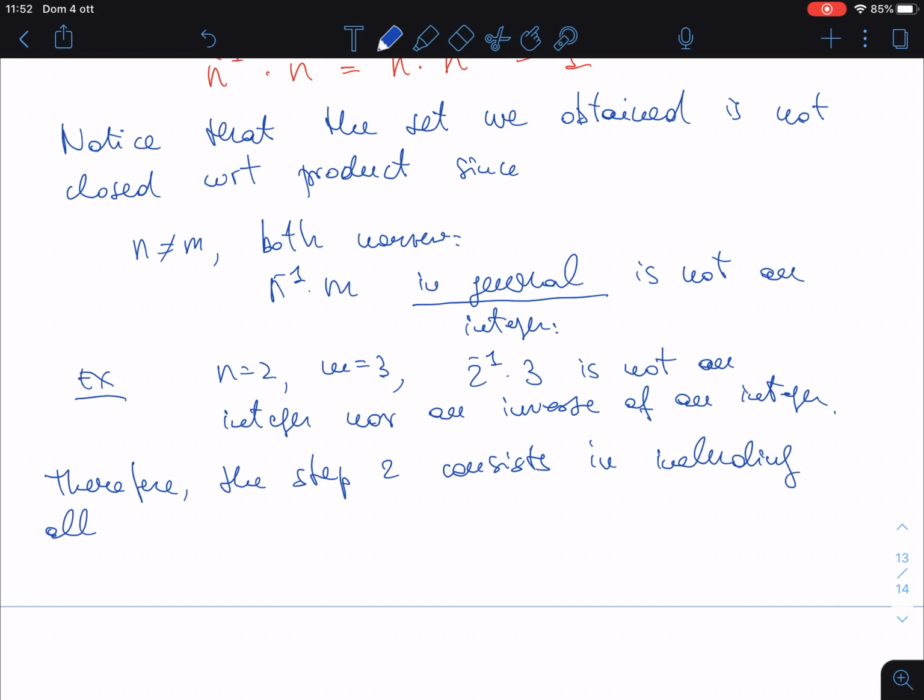All symbols, all quantities, let me call them numbers, of the type n to the minus 1 times m.